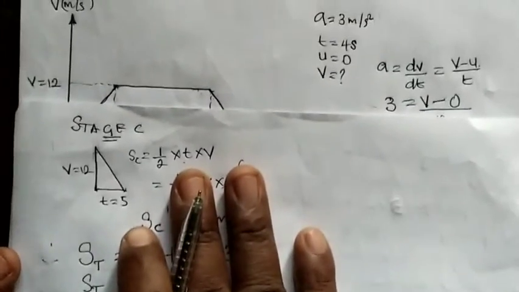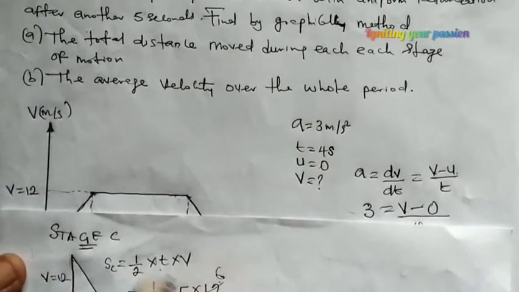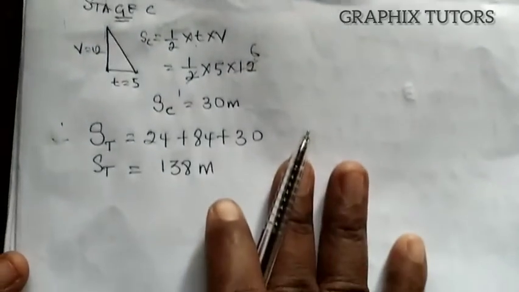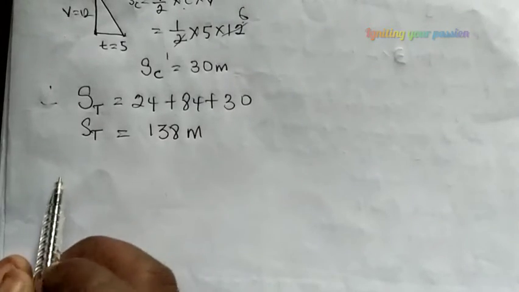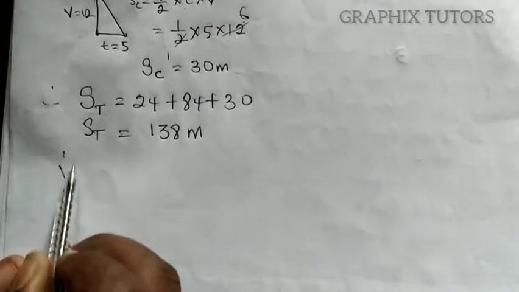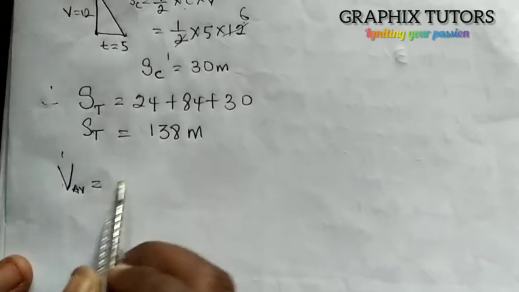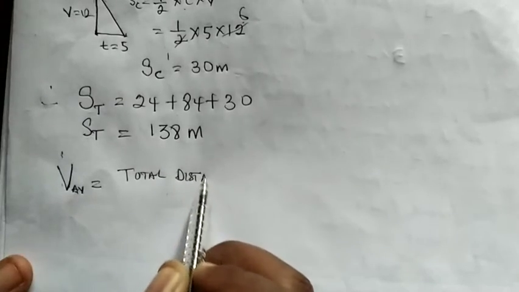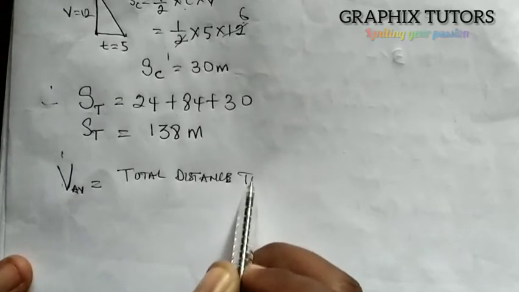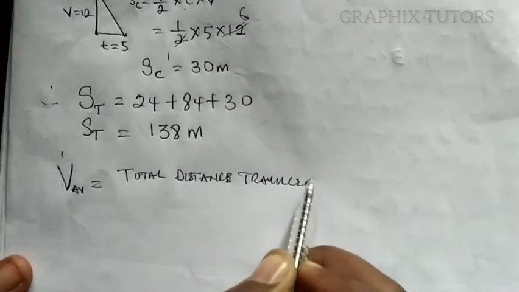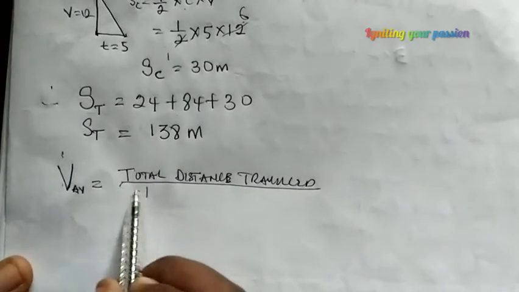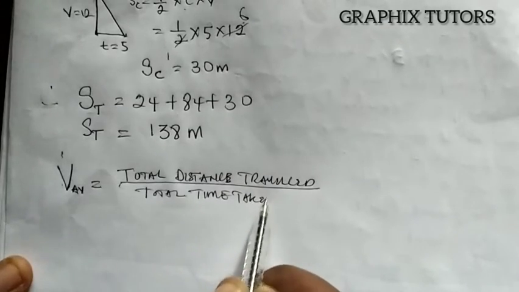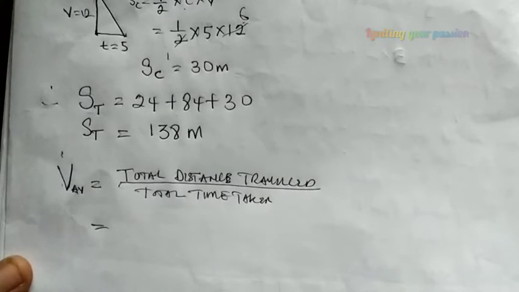Now the next thing here is the average velocity over the whole period. So it's as simple as this. The average velocity VAV is equal to the total distance traveled over the total time taken. Are we good? So what is the total distance traveled?